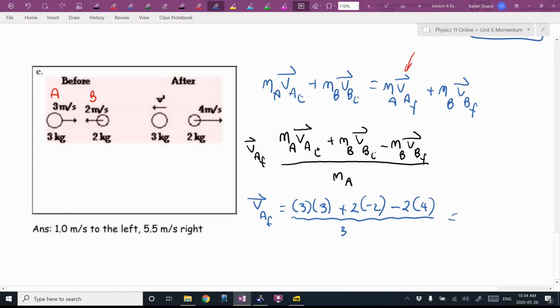I might be able to do that in my head. It's going to be 9. Take away 4 is 5. Take away 8 is negative 3, divided by 3 is negative 1, which equals 1.0 meters per second to the left or backwards. I should have said to the left. That's less writing.